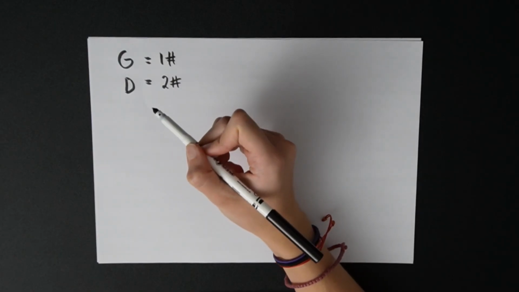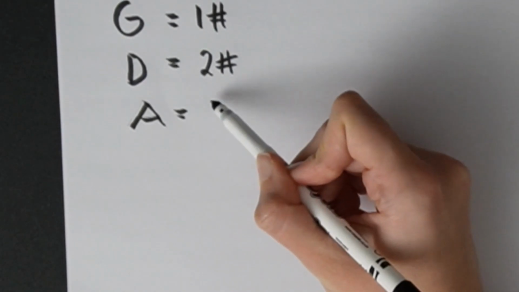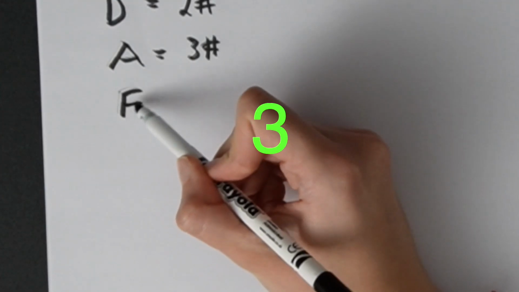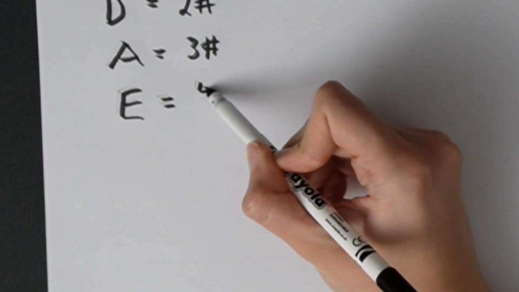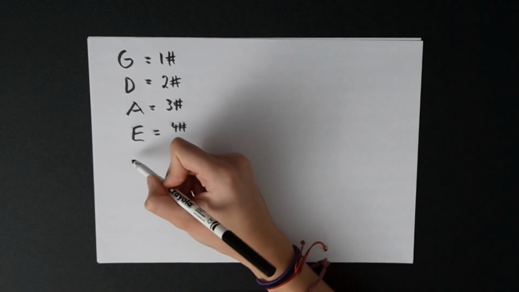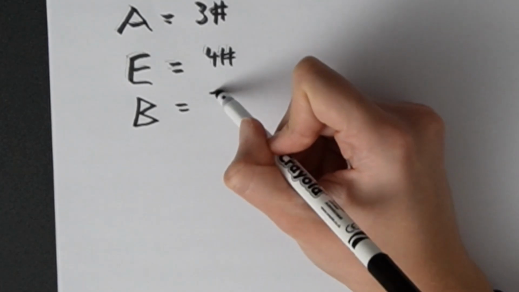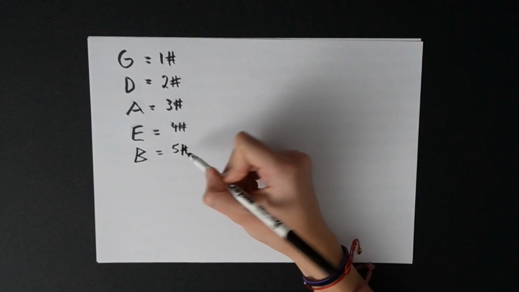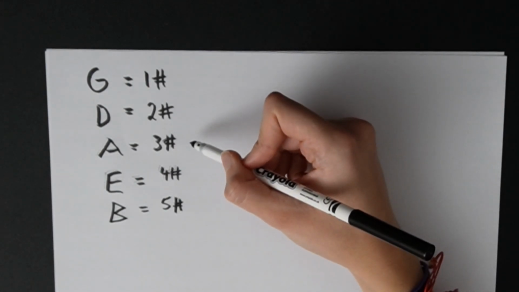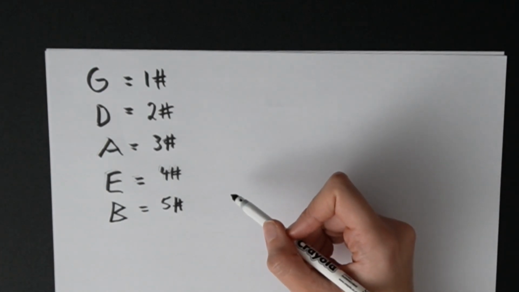If it has three lines, 1, 2, 3, there's three sharps. 4, and if you draw a beat like this, 1, 2, 3, 4, 5, then it has 5 sides, and so 5 sharps. So G major has 1 sharp, D major has 2 sharps, A major has 3 sharps, E major has 4 sharps, and B major has 5 sharps.